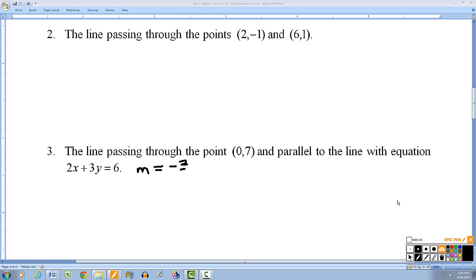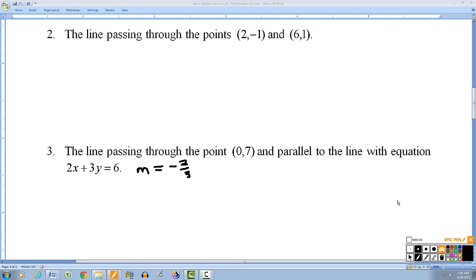You should be able to see that without having to go through the process. If you write this equation in slope-intercept form, that is, if you solve this equation for y, the coefficient of the x, bring the 2x over, that means minus 2x and divide by 3, the coefficient of the x is going to be negative 2/3.